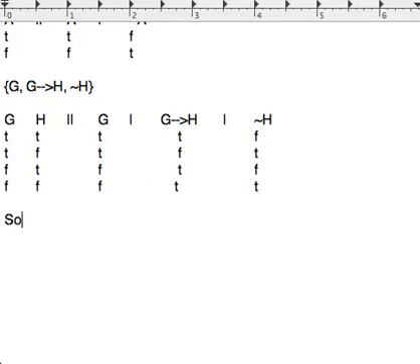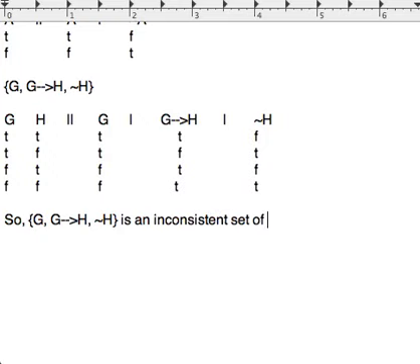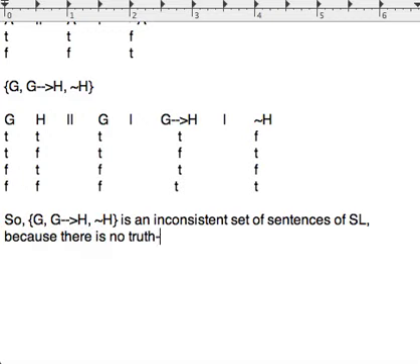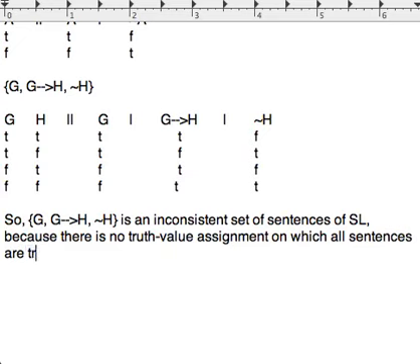We say, so, this is an inconsistent set of sentences of SL because there is no truth value assignment on which all sentences are true.